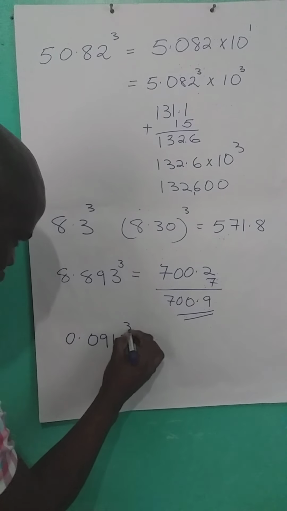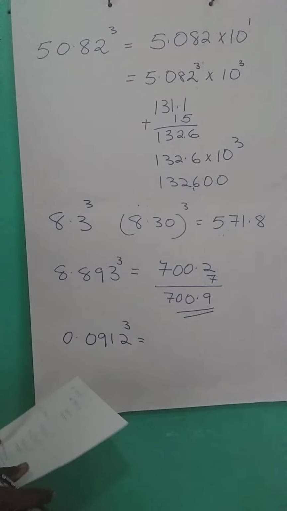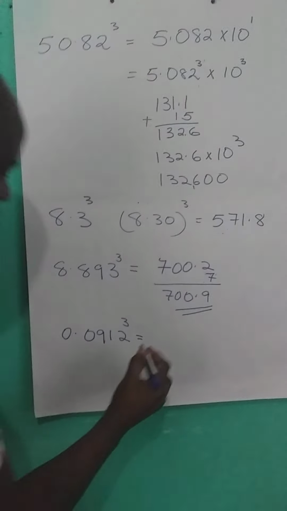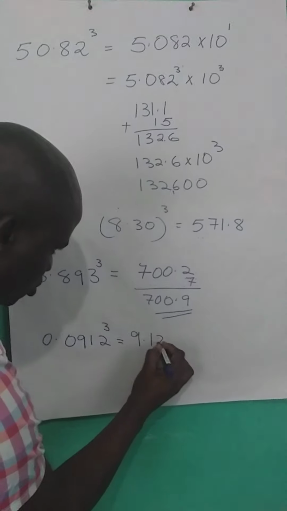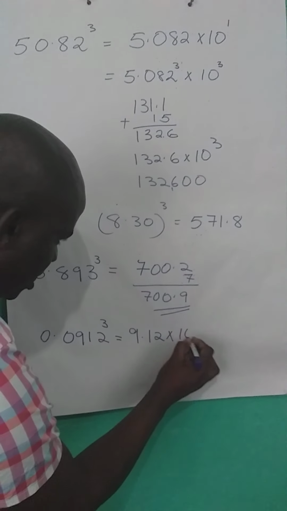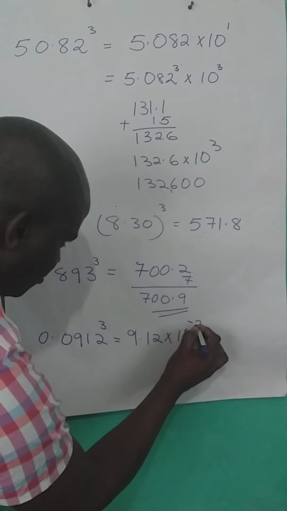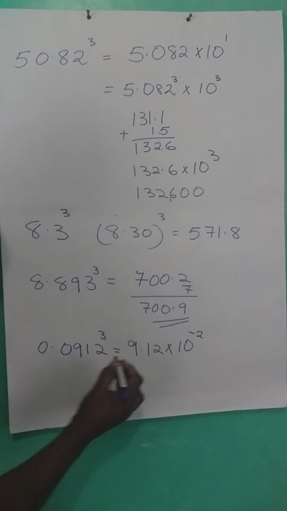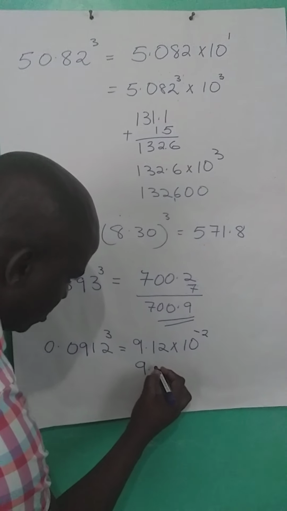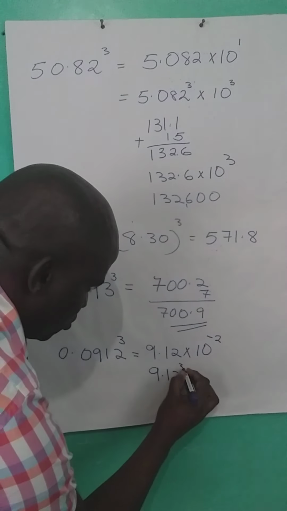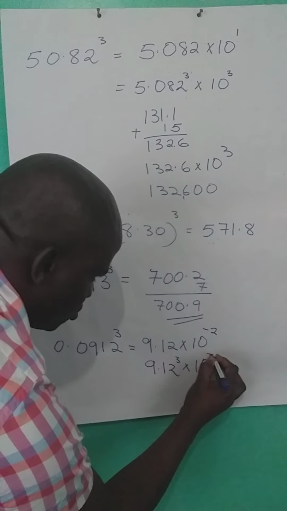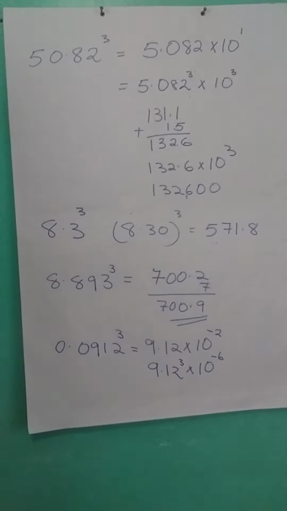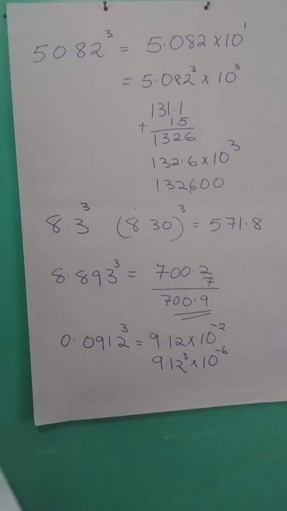The last one is 0.0912 cubed. This one, we write it in standard form as 9.12 times 10 raised to power negative 2. Then we cube 9.12, and we also cube 10 raised to power negative 2, which will get 10 raised to power negative 6.